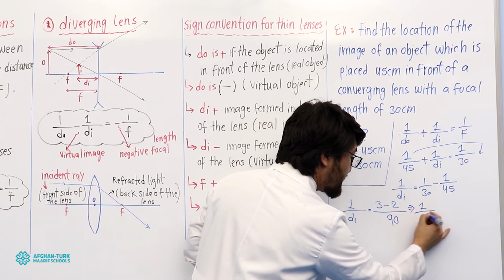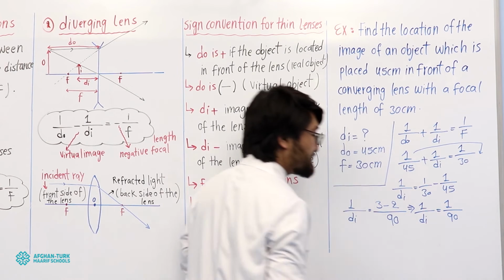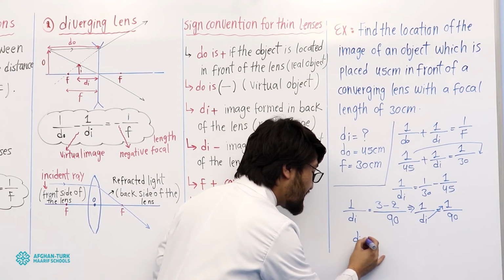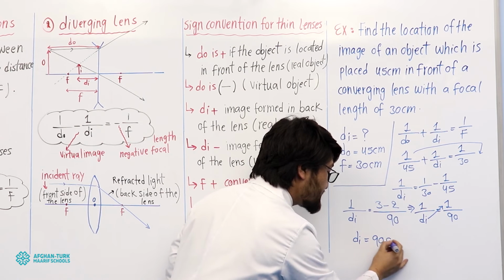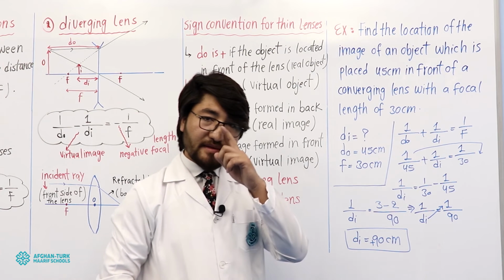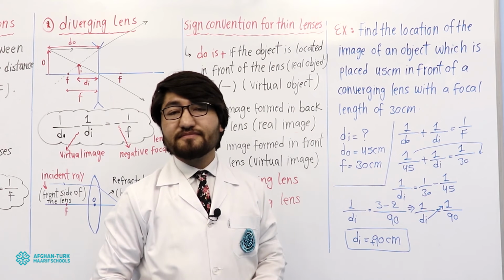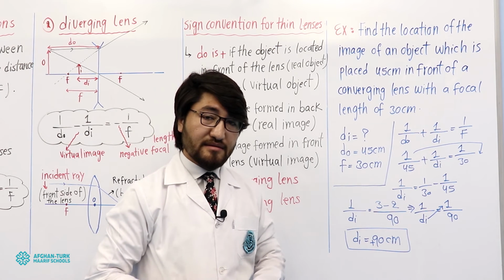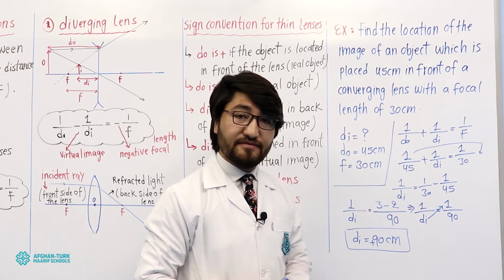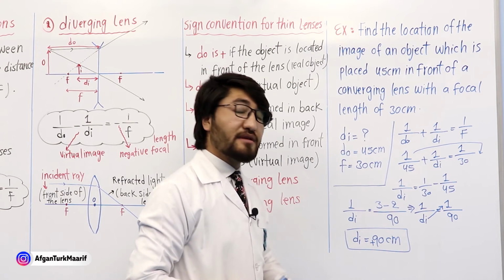Now 1 over DI is equal to 3 minus 2, which is 1 over 90. If we multiply this, DI times 1 is DI, 90 times 1 is 90 centimeter. You see, the sign of DI is positive, which means the image formed is real. The image formed by a converging lens is real because the sign of DI is positive. And we found the location of the image, 90 centimeter.